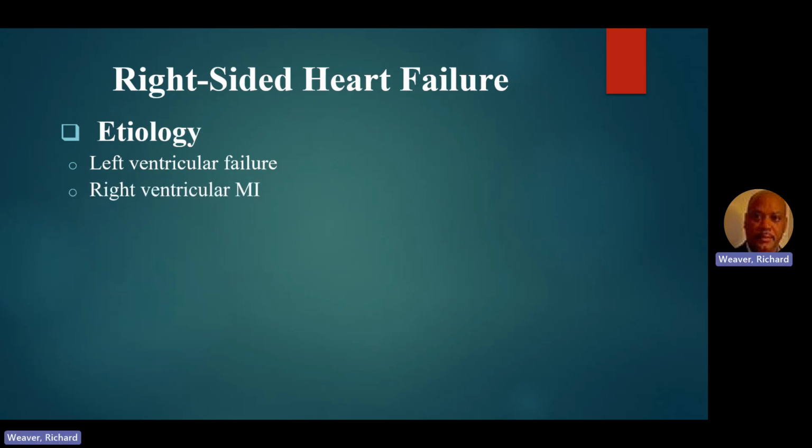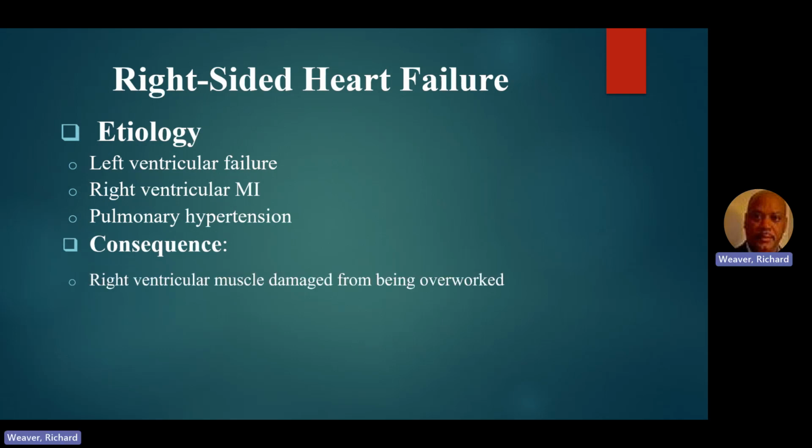All right. Then there's right ventricular MI. When the right ventricle is impaired due to decreased blood flow, it doesn't function very well. There's also pulmonary hypertension. When the pulmonary vasculature is very constricted, the right ventricle must work very hard to push its contents through it.